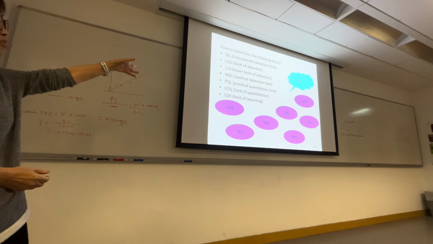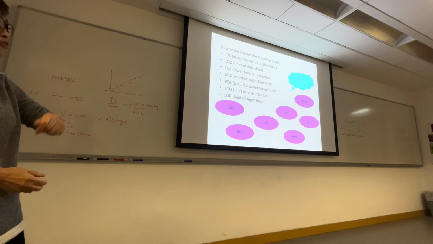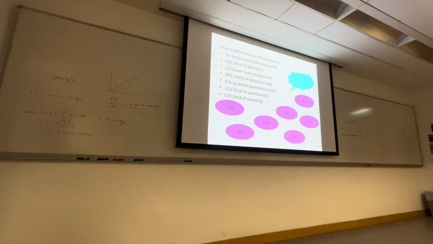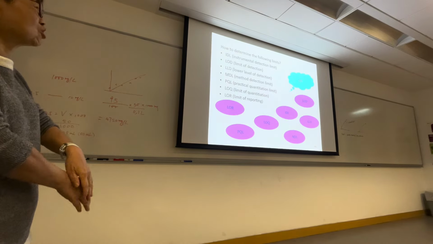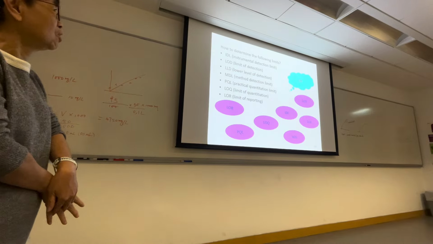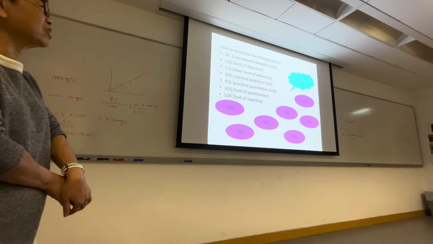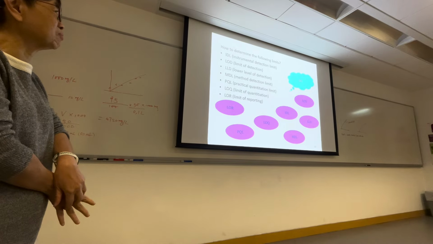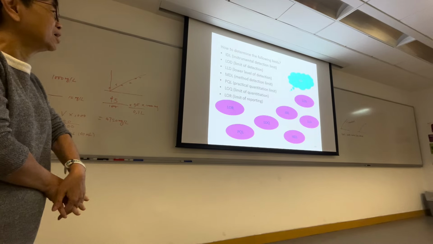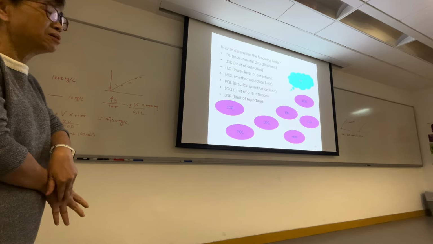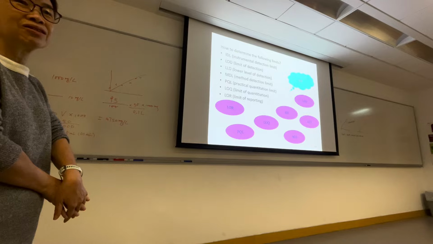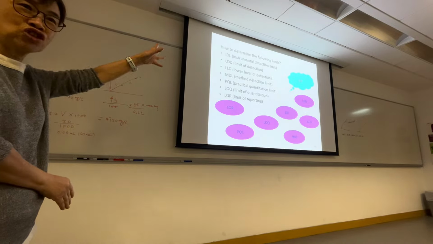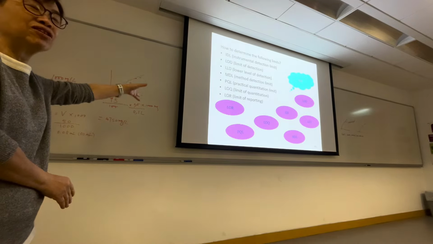So I give you the full names of these so-called L's or limits. Instrumental detection limit, limit of detection, lower level of detection, method detection limit, practical quantification limit, limit of quantification, limit of reporting. Normally, we have all sorts of limits.